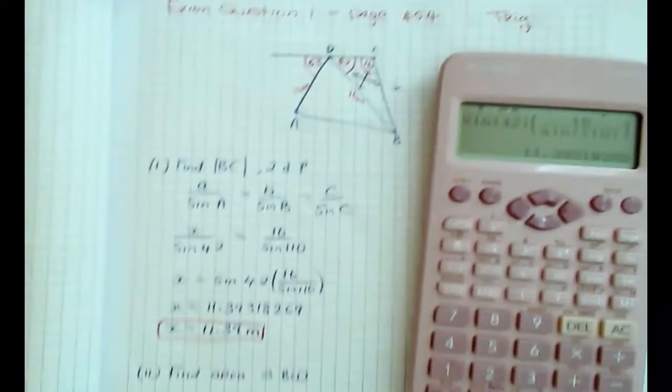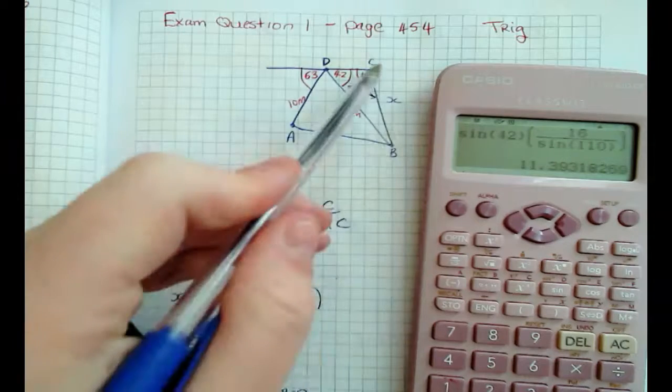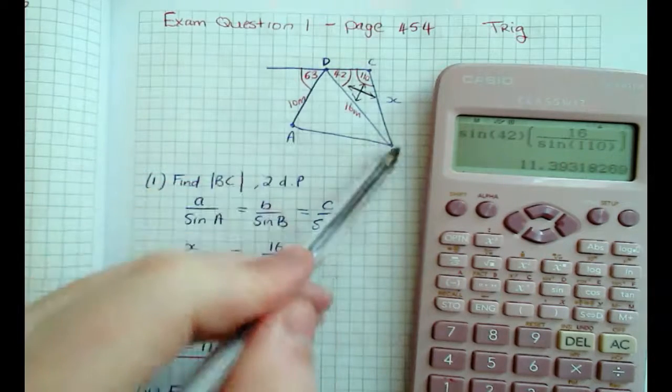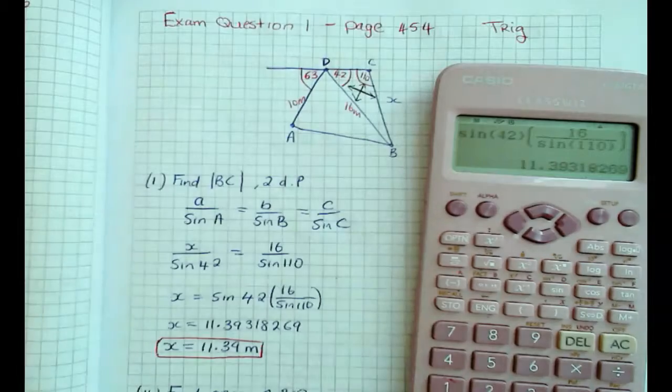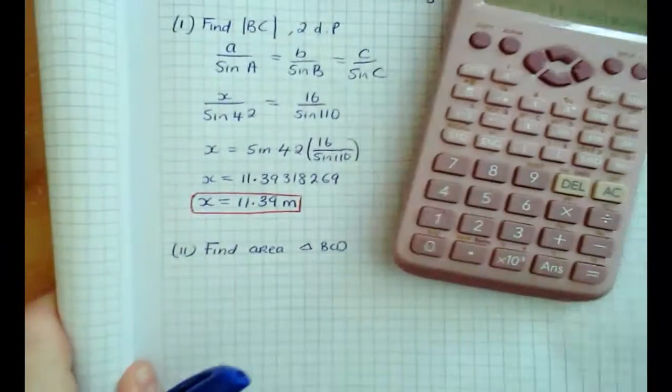So the triangle BCD, so B up to C over to D, so it's the area of this triangle here. It says hence, so we're using the information that we've already found.